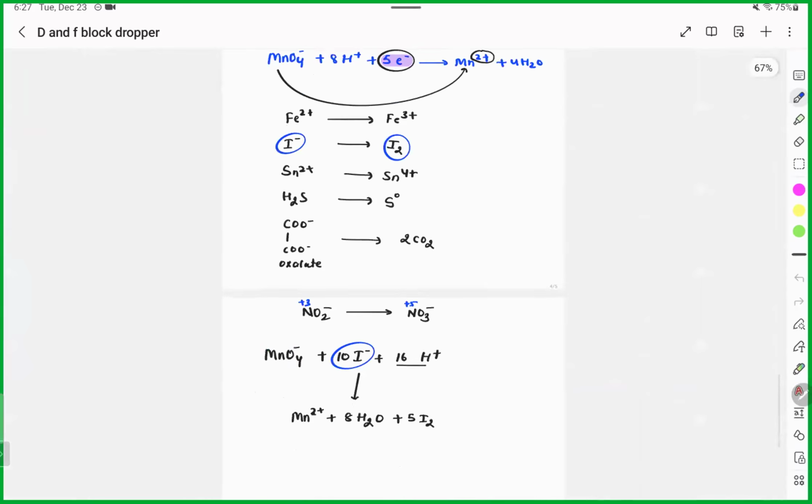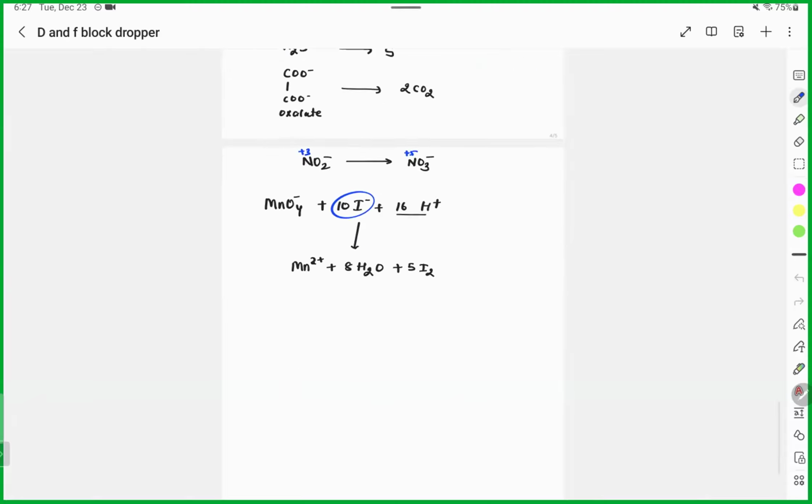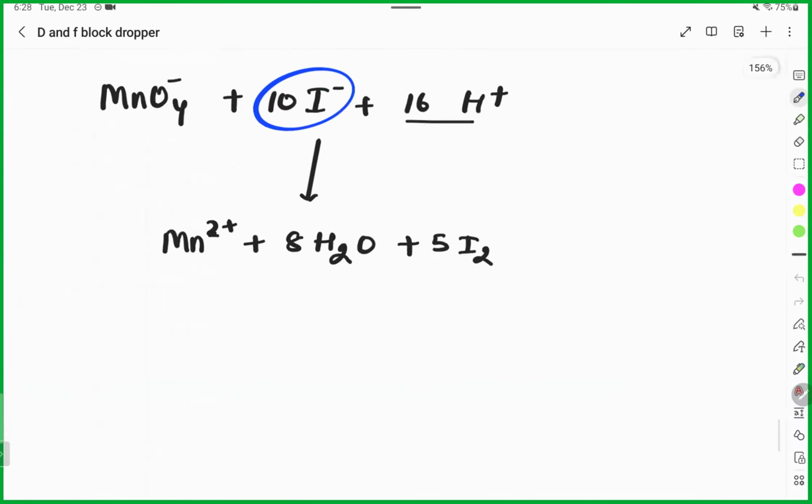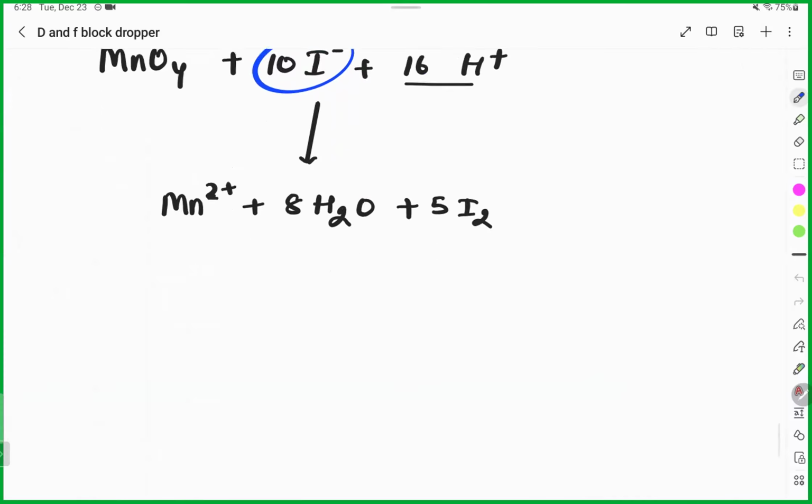Example, Fe²⁺ converts into Fe³⁺ in both situations. Same with I⁻ converting into I₂, Sn²⁺ to Sn⁴⁺, and S²⁻ to the neutral zero state, and it goes on. That's why K₂Cr₂O₇ and KMnO₄ behave exactly the same.